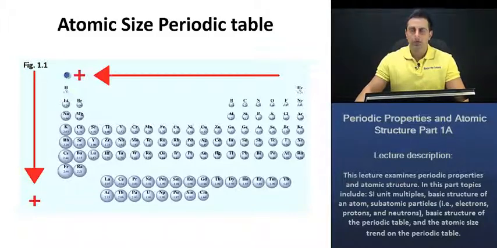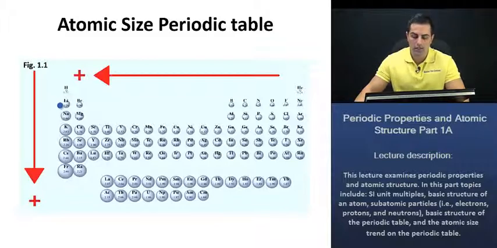Now, one might ask, first let's consider the period here. Why does the atomic size trend increase going from right to left and not left to right? What is that defining factor? Let's examine what that could be using the second period. It comes back to our subatomic particles.